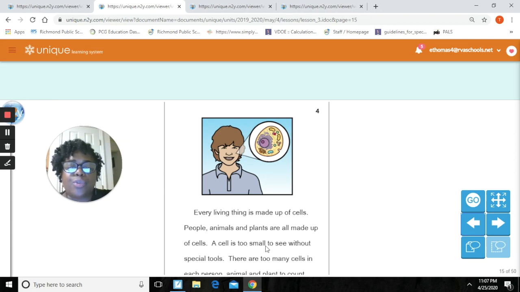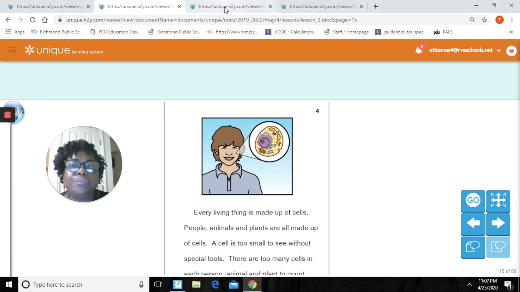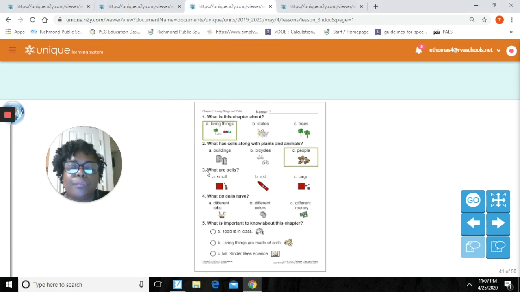A cell is too what? Small, right? See that word, small? Cells are small. So what are cells? Were they red? It didn't mention they were red. It didn't mention they were large, so they must have been what? As the story stated, small.